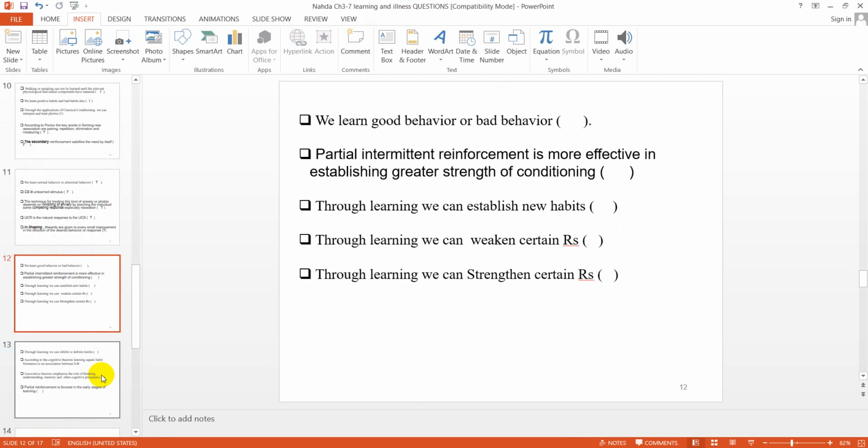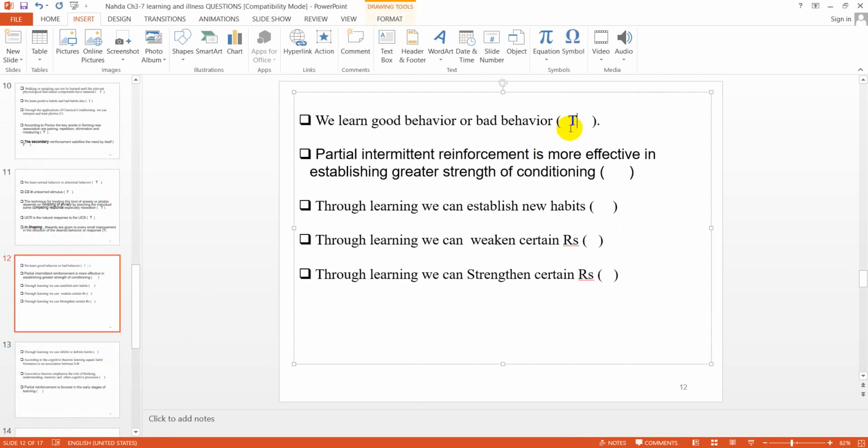We learn good behavior or bad behavior. Yes, true. Partial intermittent reinforcement is more effective in establishing greater strength of conditioning. Yes, true. Through learning, we can establish new habits.